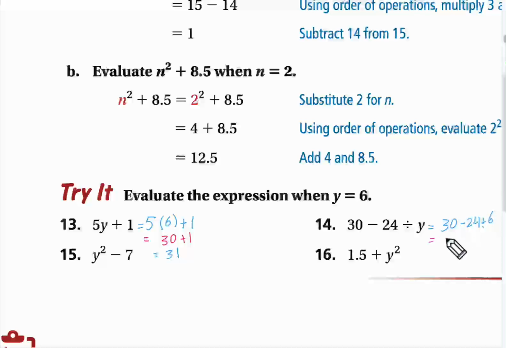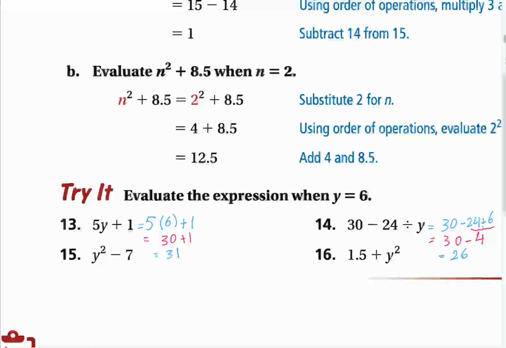Now, you will divide first. Excellent. So 30 minus 24 divided by 6. 24 divided by 6 equals 4. And 30 minus 4 equals 26. Thank you, my hero. Good work.